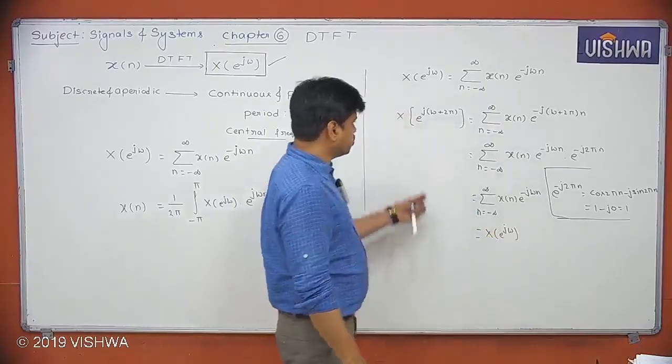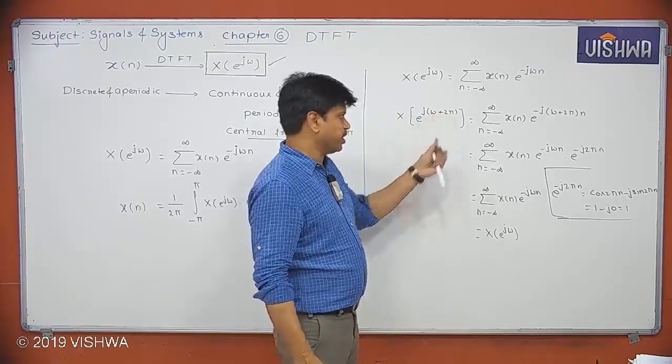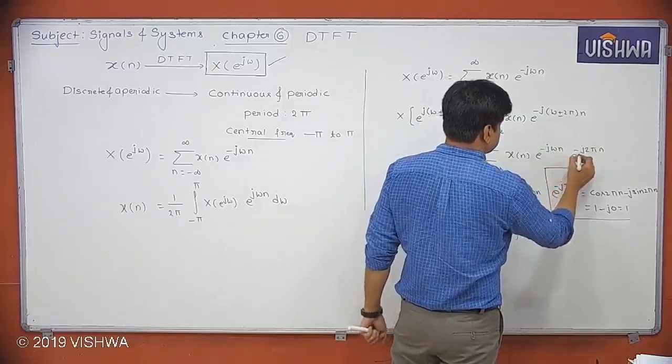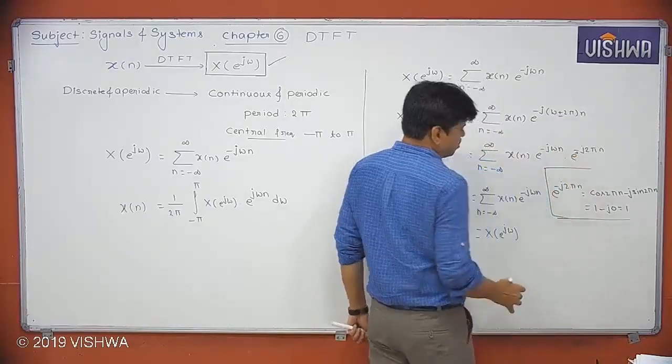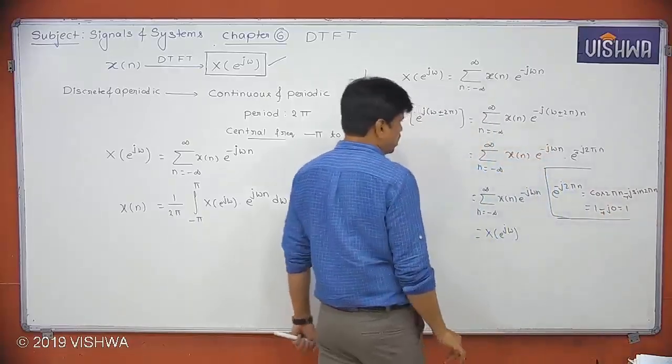I hope you understood. X of e power j omega plus 2 pi, you can write plus or minus, so it is still 1.